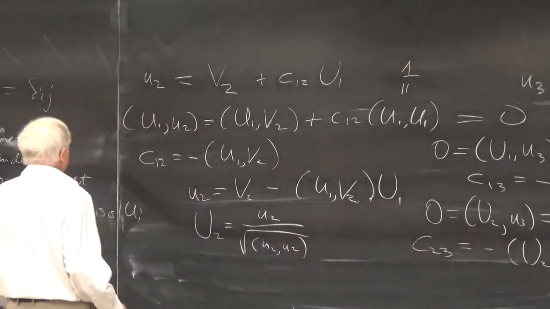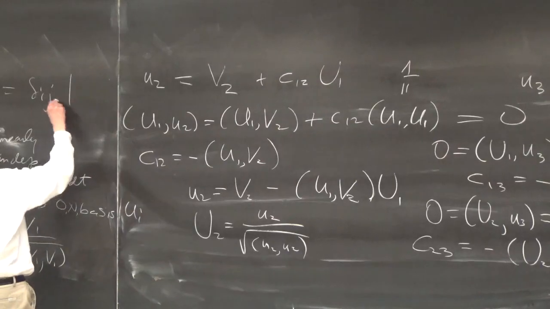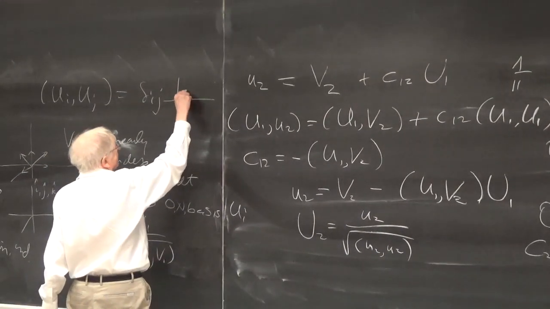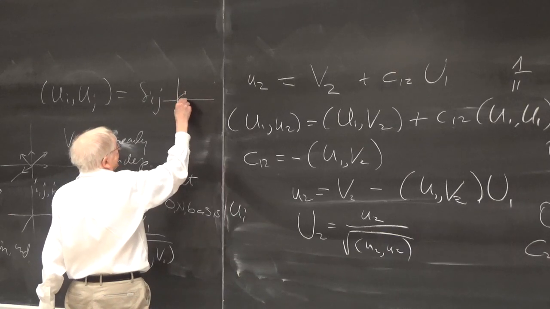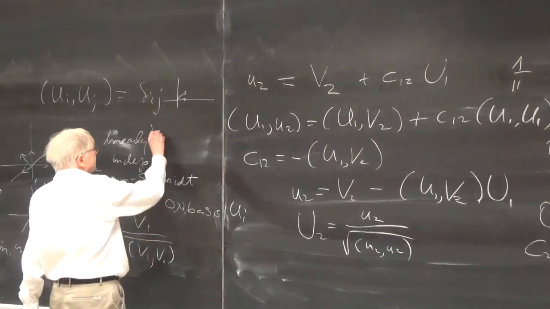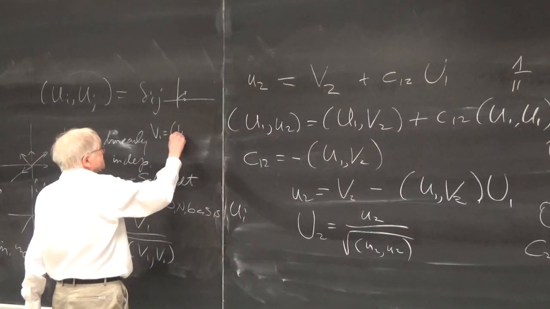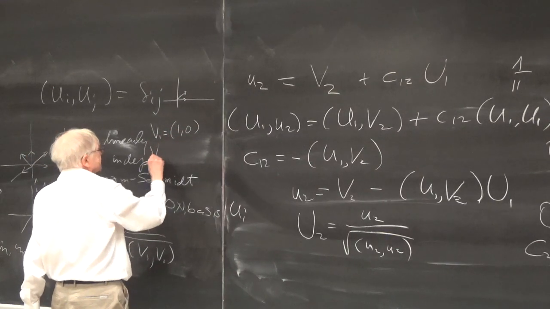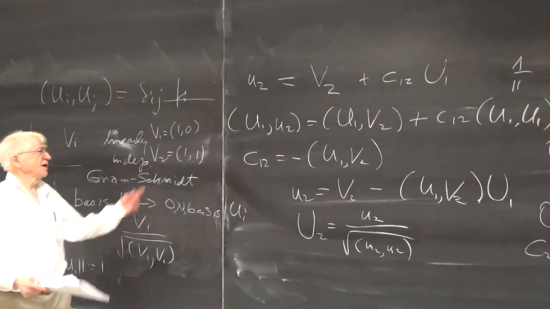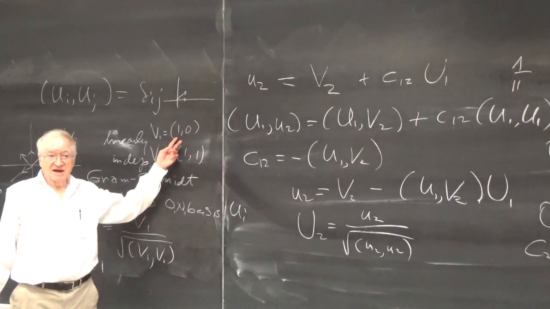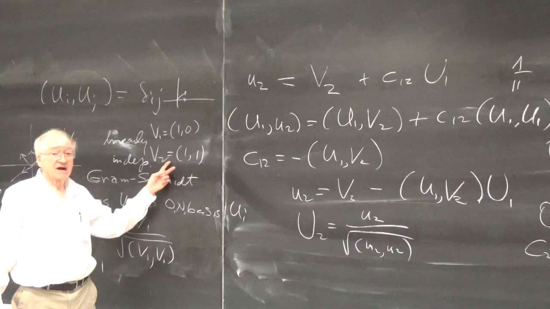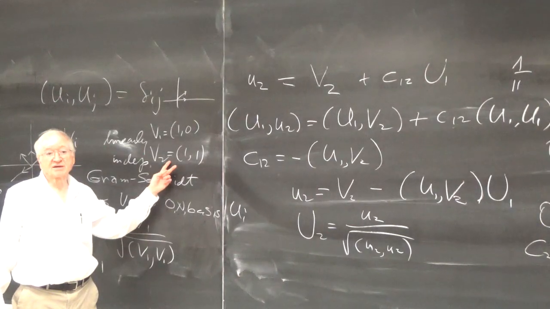One way to see that immediately is, suppose you're in 2 dimensions and you have this vector and that vector. So v1 is (1, 0) and v2 is (1, 1). So v1 is normalized, v2 is not normalized, and these two are not orthogonal because they have an inner product that's 1.